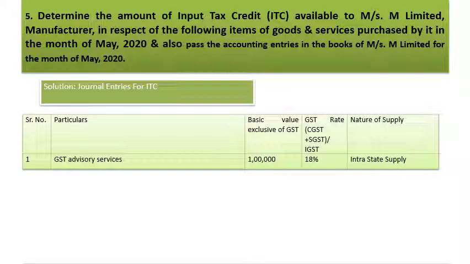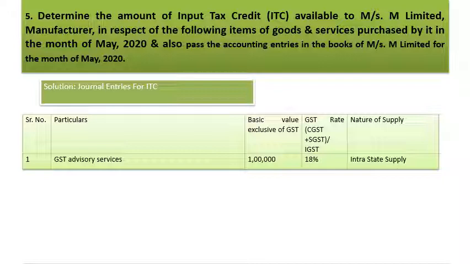Rate of CGST is 9%, rate of SGST is 9%, and rate of IGST is 18%. When it is an intrastate supply, then CGST and SGST will apply, and when it is interstate supply, then IGST will apply.